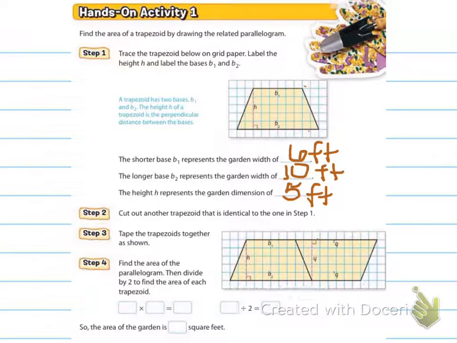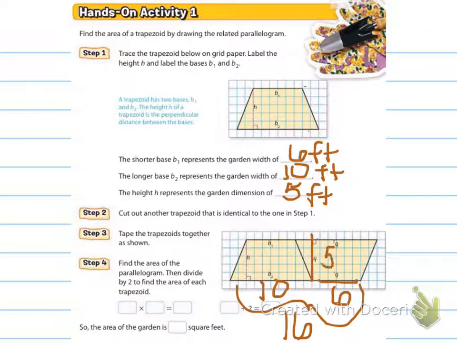All right, so let's try that out. If we've got B2 here, which was 10, and B1 right here, which was 6, then what is the base of our parallelogram? 16. And then our height doesn't change, even though we have them side by side, that's still 5.